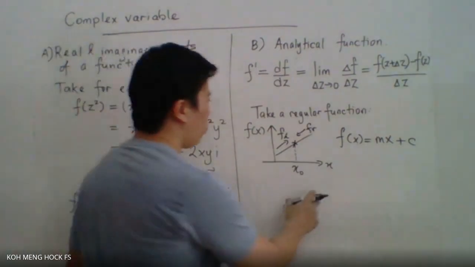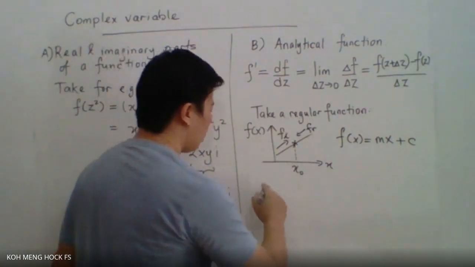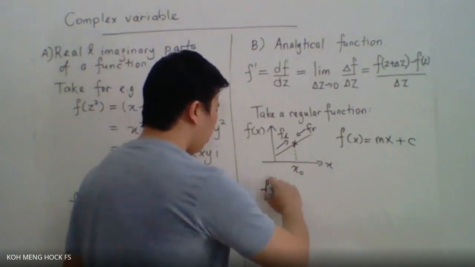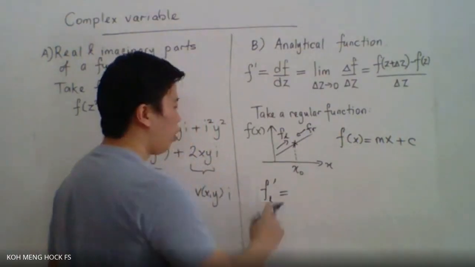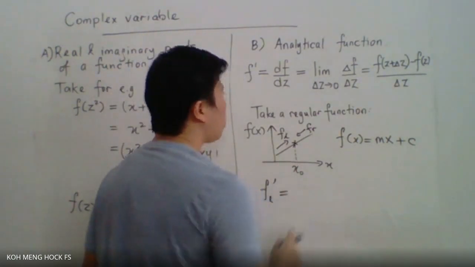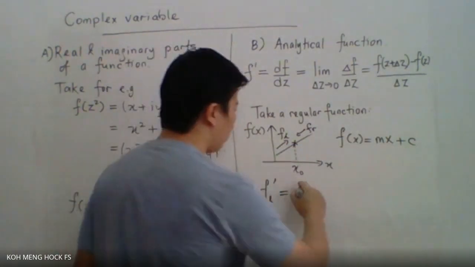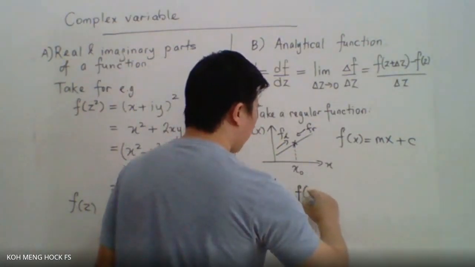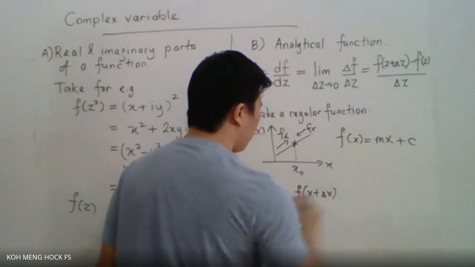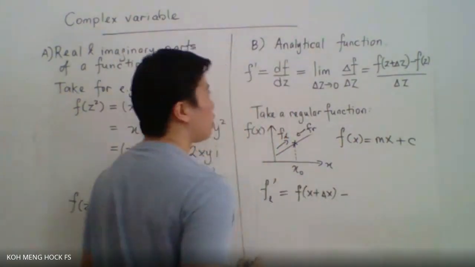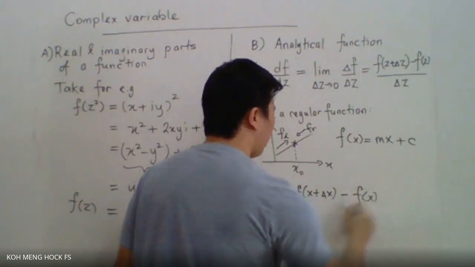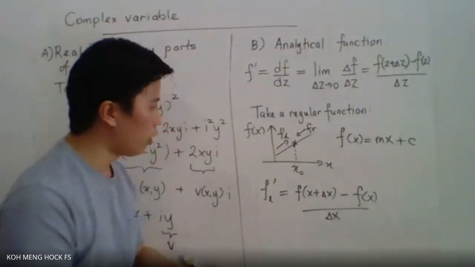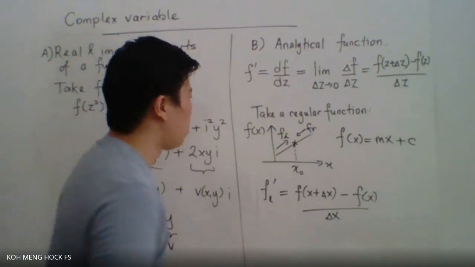Let's take the left hand side. So let's write fL prime. It is going to be equal to, if you follow this notation, f(x plus delta x) minus f(x) divided by delta x, because there is only one variable.